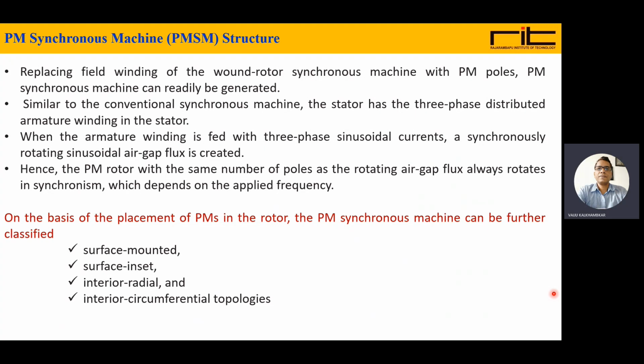The first is surface mounted type permanent magnet synchronous machine, surface inset type, interior radial type, and interior circumferential topology of permanent magnet synchronous machine.